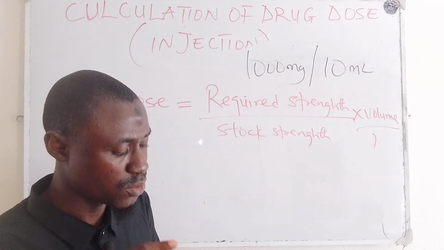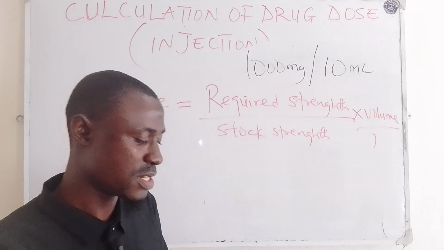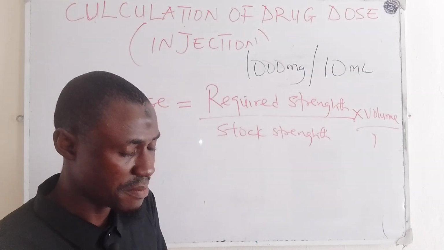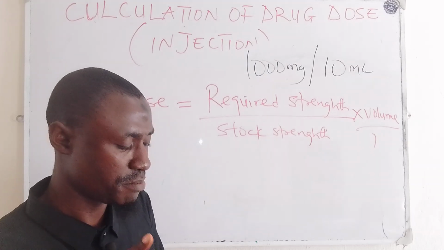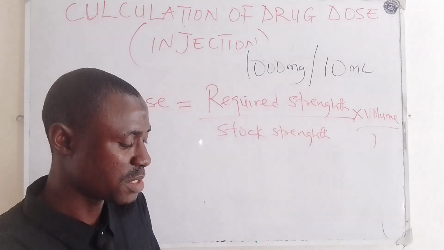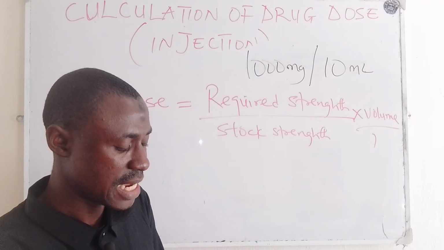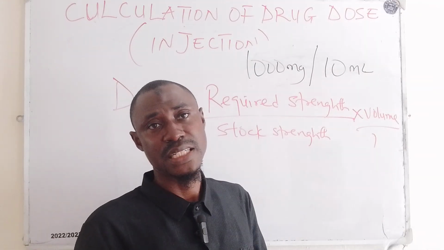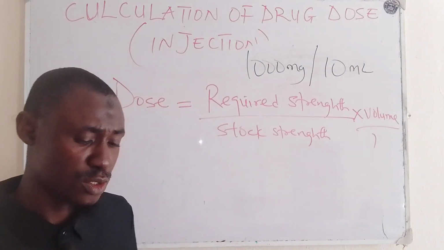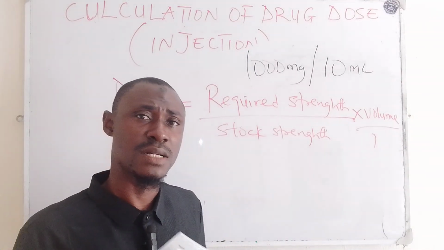If the adult dose of paracetamol is 600 mg and diazepam is 10 mg, take 1 ampoule of paracetamol to be 300 mg per 2 ml and diazepam 10 mg per 2 ml. Now this is an example that we need to solve, but let me quickly interpret it.